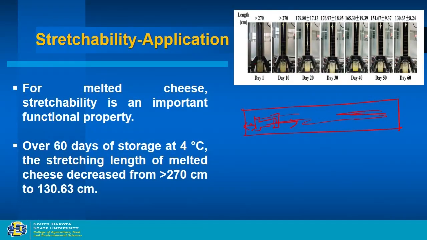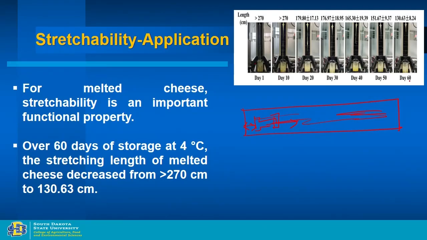We still use the texture analyzer so that we can move it at a constant speed. Consumers may not do this constant speed thing, right? When we are eating it, some people are faster, some people are slower, so they may use a different speed. But at the end of the day, you can still use these kinds of methods to measure the stretchability. So what is the outcome from here?